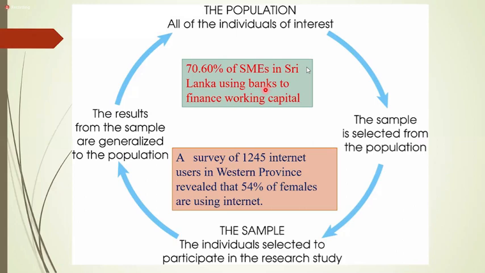Working capital financing, whether we use a bank to finance or not. Then what is the population parameter here in the first statement? The same student can answer. What is the population parameter?